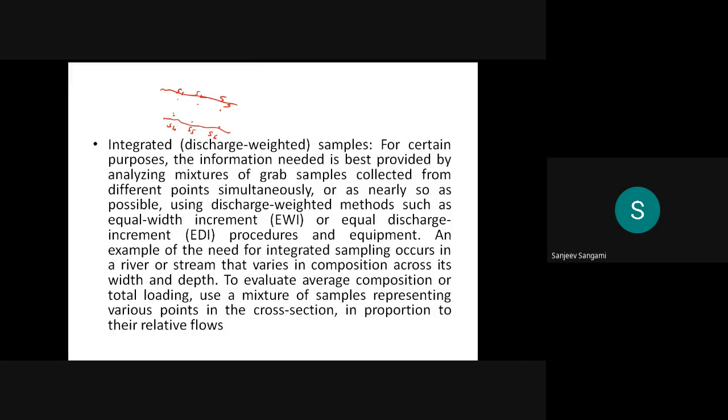At this point the discharge should be the same, this point also the discharge should be the same, and this point also. If that is the case, then we go ahead with the equal depth formula as well as the equal discharge formula. If you are not getting at least near to that depth, you have to consider it and take the samples. If you are considering this kind of samples, we can call it integrated sampling.